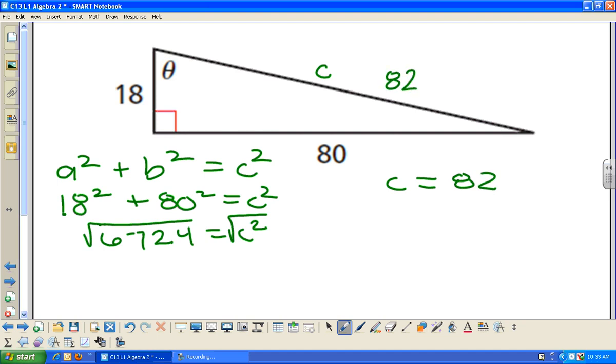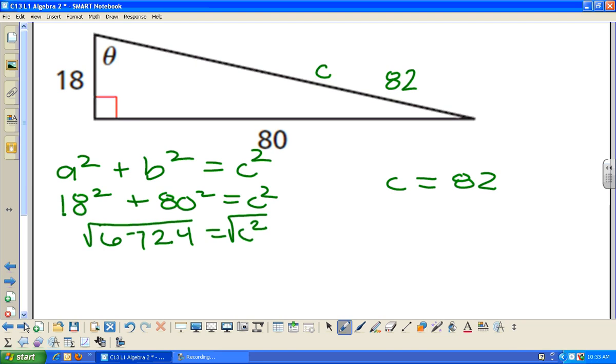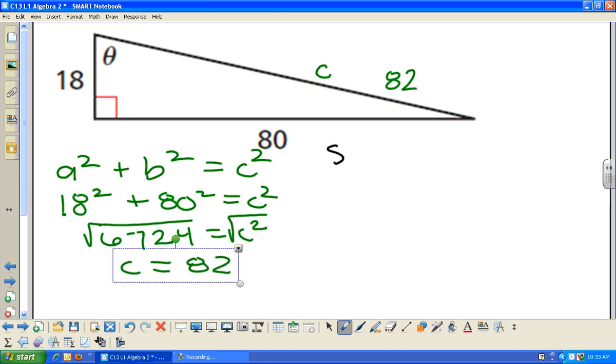So when I do these problems, the first thing I always do is find the three main: sine, cosine, and tangent. Sine of theta will be equal to my opposite, which is 80, over my hypotenuse, which is 82.